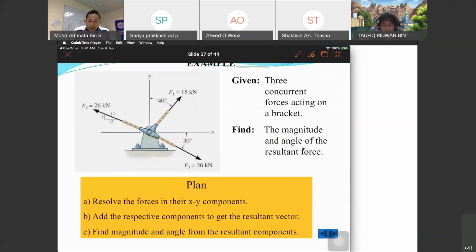So for F1 x direction, we have 15 kilonewton sine 40 degree, and for F1 y direction equals 15 kilonewton cosine 40 degree.